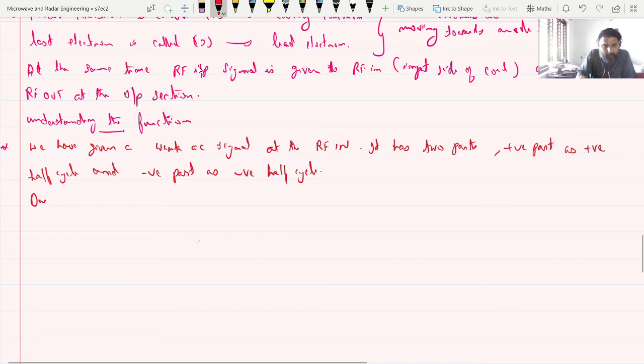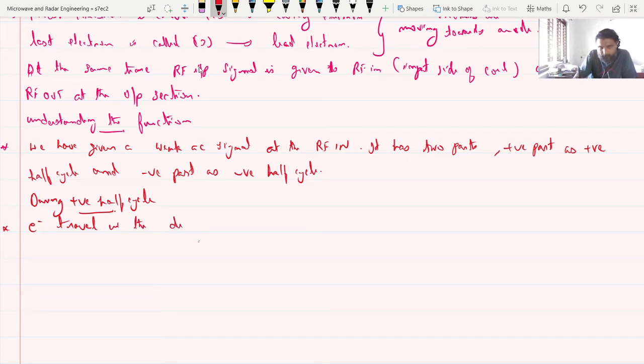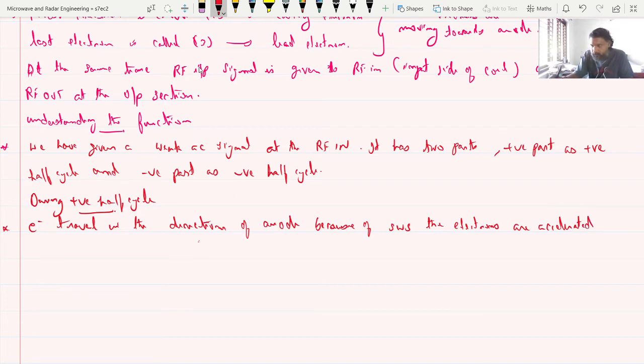During the positive half cycle, electrons travel in the direction of the anode because of the slow wave structure.